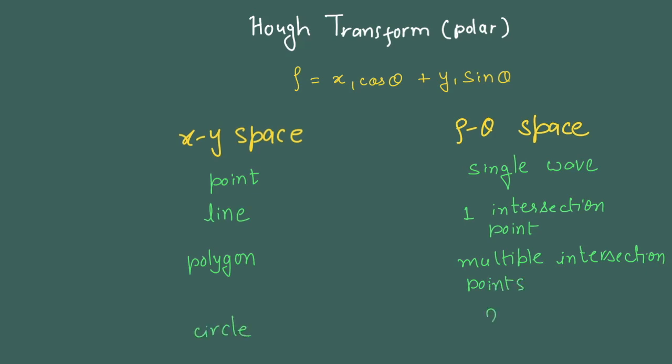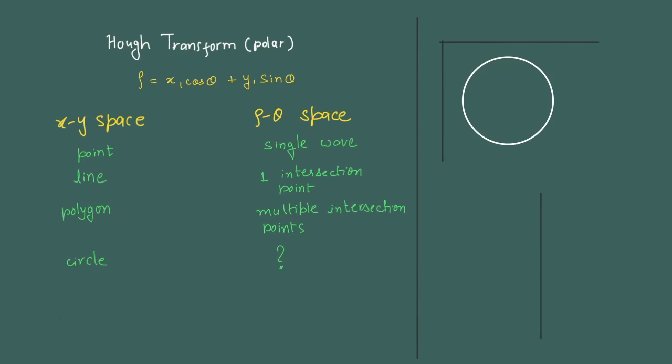If you have a circle, then what will happen? If we have a circle in xy space, it can be considered to be made up of n number of straight line segments. So it's a polygon having infinite number of sides. Thus, each time we take rho theta from here, it will be shifted by very small value.